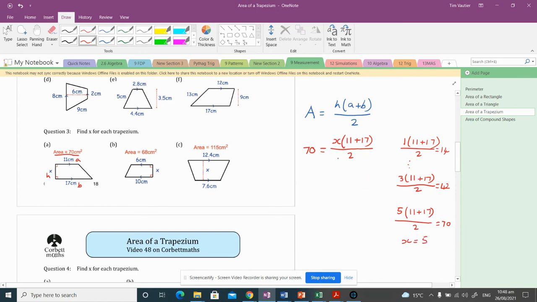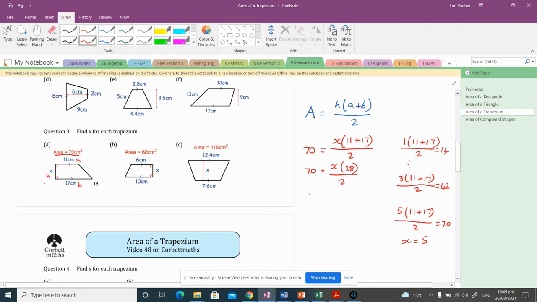We could also approach this a little bit mathematically, which you'll learn more about when you do your algebra topic, but here's another approach you could do. We could actually simplify this down a little bit. If I add those numbers, 11 plus 17, I've got 28 over 2.